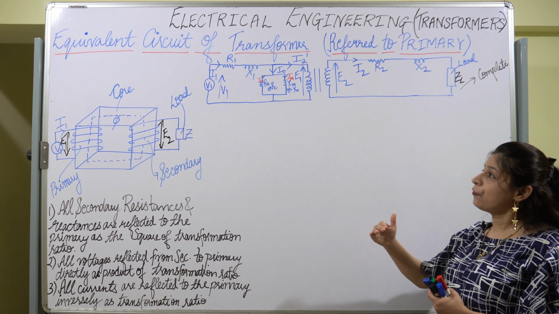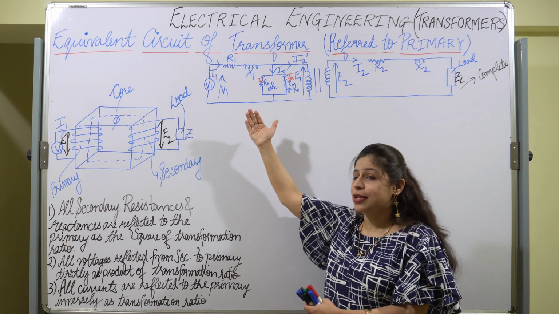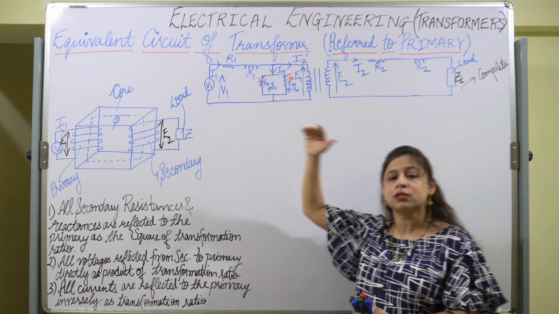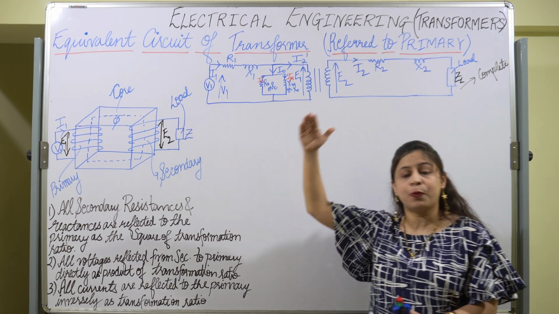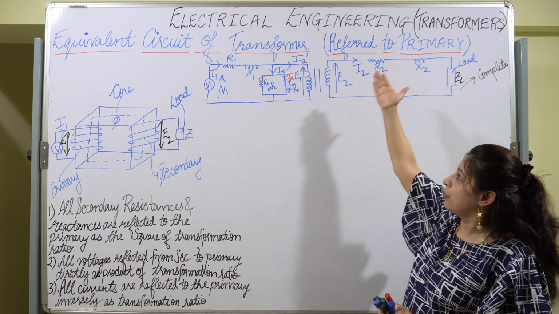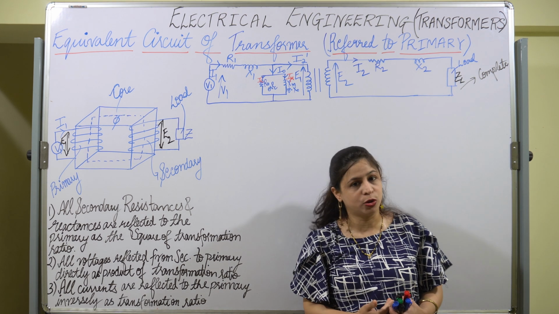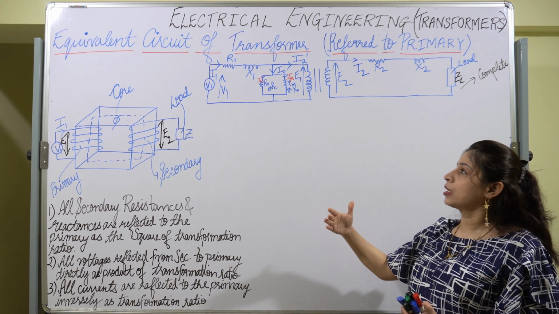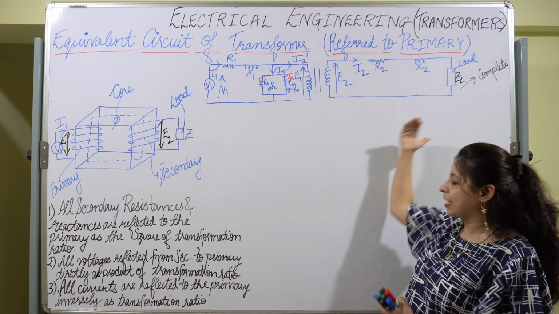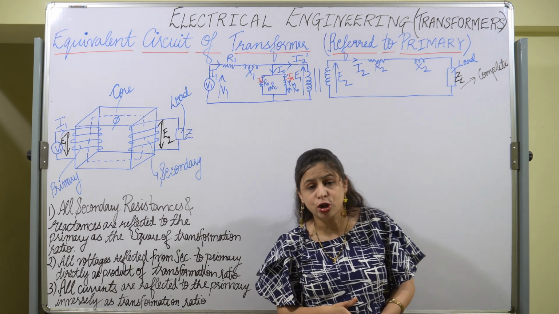And if I take the primary resistance, primary reactance, primary voltage, primary EMF and primary current to the secondary, then it becomes referred to the secondary. The equivalent circuit of a transformer referred to the secondary we will learn in the next lecture.